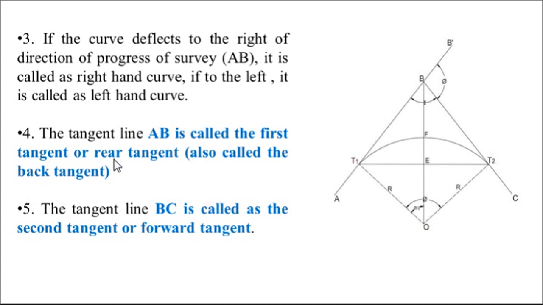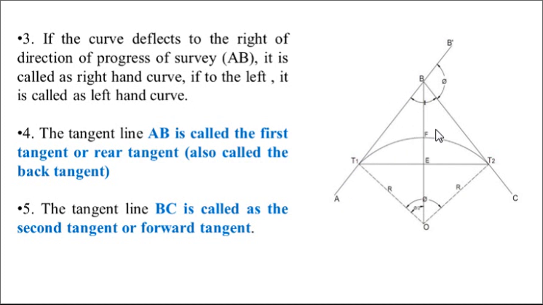Next, the tangent line AB is called the first tangent or rear tangent, or it is also called the back tangent.